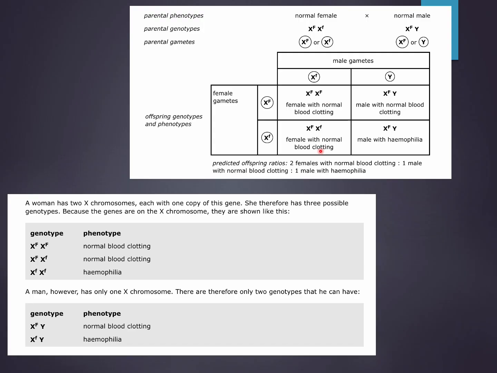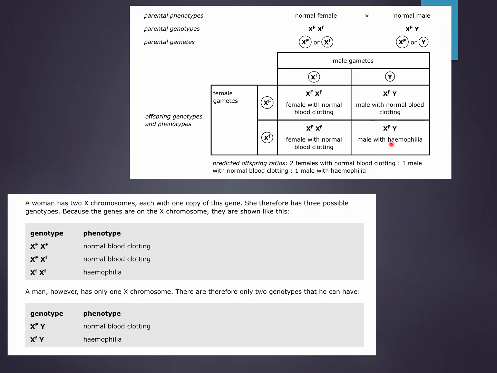The second female that's produced, again, is still going to have normal blood clotting, but she is going to be a carrier for hemophilia. Taking a look at the males, for this first male, you have that capital F, so normal blood clotting for this male. There isn't anything on the Y because it's not a Y sex-linked trait. It's only associated with the X chromosome.